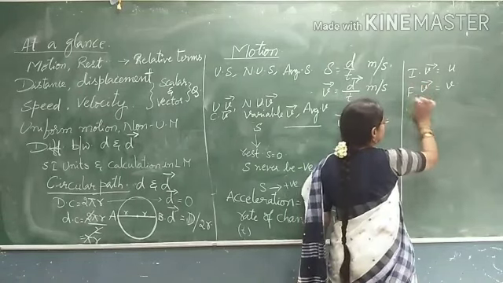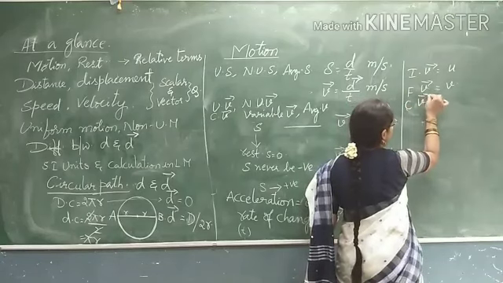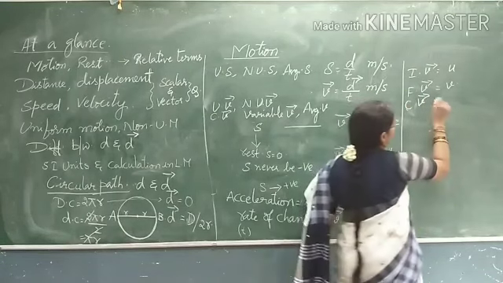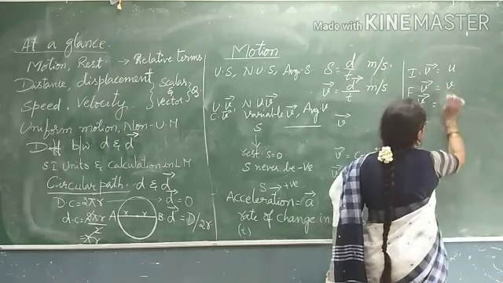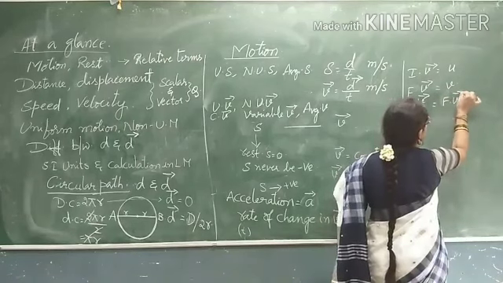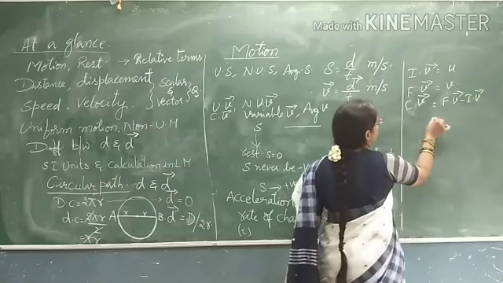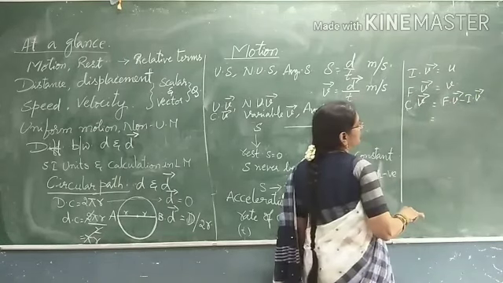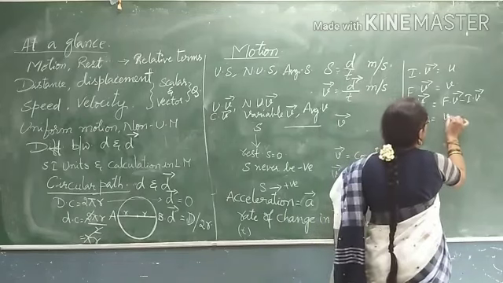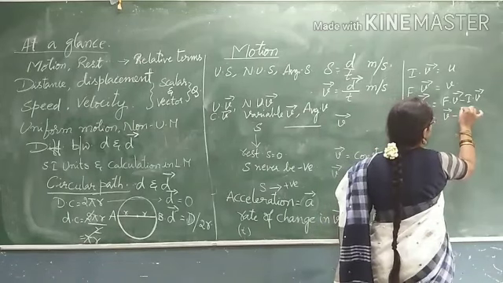Change in velocity is final velocity minus initial velocity. Substitute: v minus u.